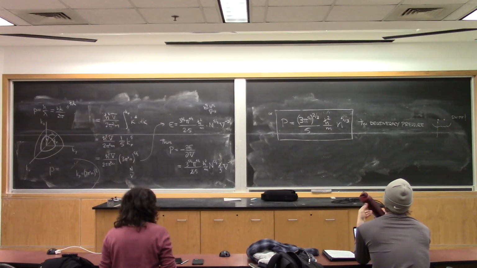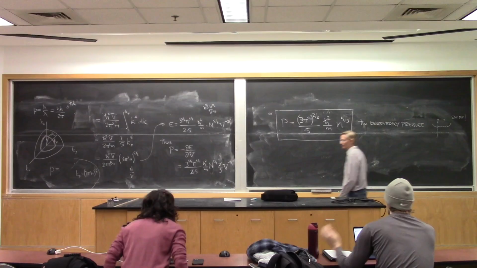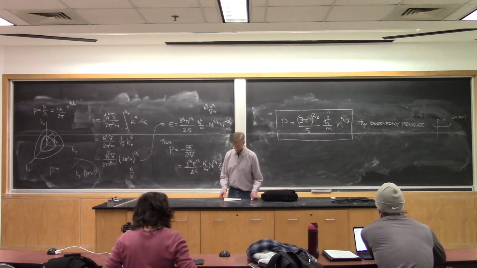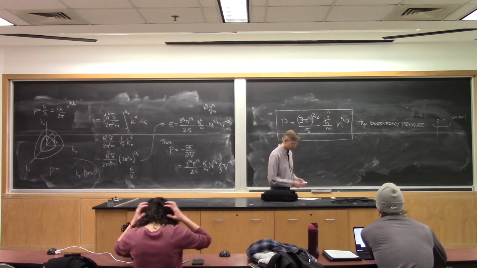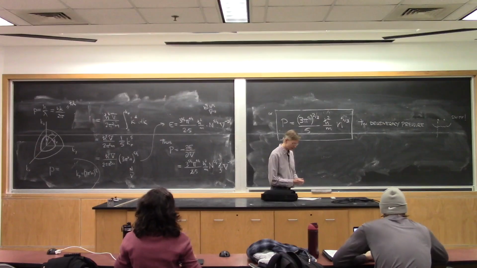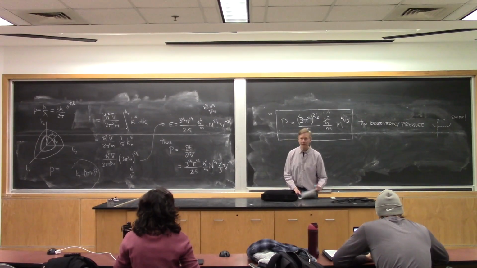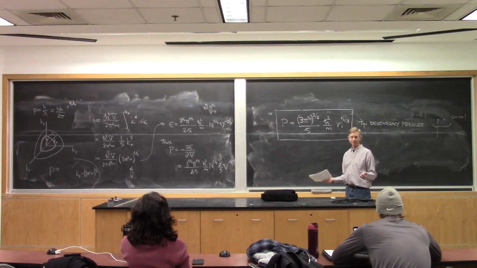So, let's change this into an expression that shows how it depends on the composition of the white dwarf, because after all, in the end, we're talking about white dwarfs here.